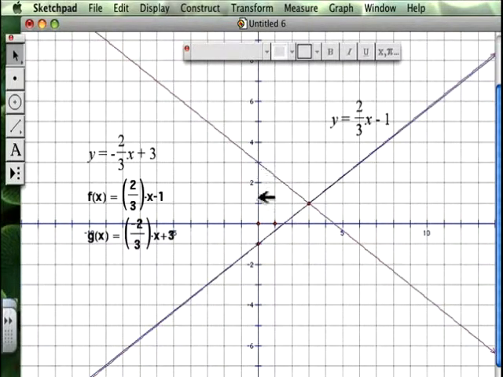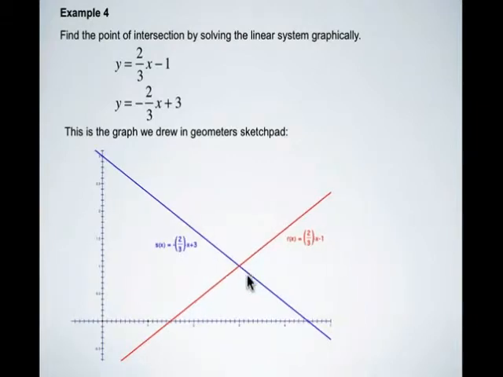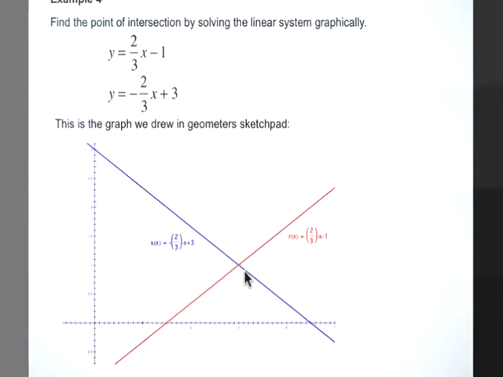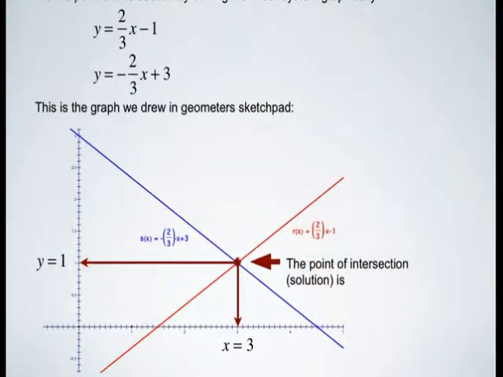So -2 over 3. So the two lines then are going to meet at the point here where x is 3 and y is -1. So the solution to our linear system is 3, -1.